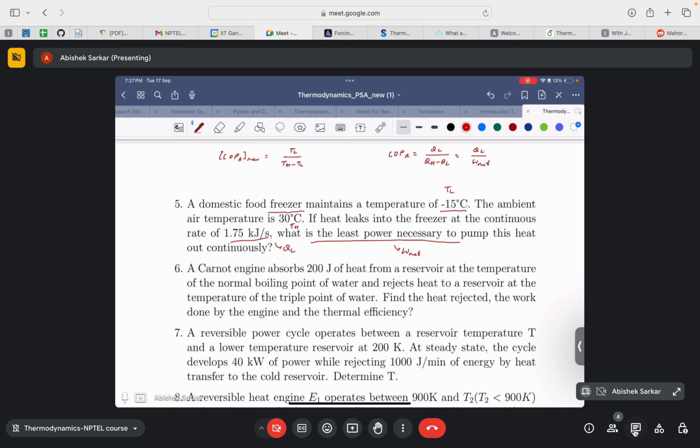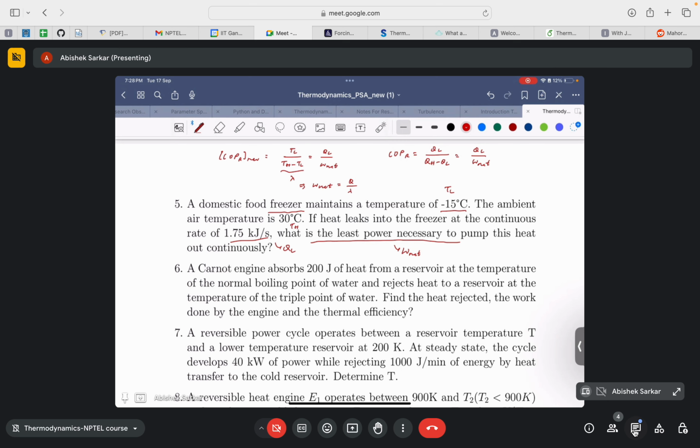Find this one and then equate it to QL by W net. Say its value is lambda, then you can easily find W net as QL by lambda. 58.3, no, sorry, it's not correct. Then 5.73. Yes, maybe, I have to check, but yes, it is correct. 5.73. Let me just calculate it right away.